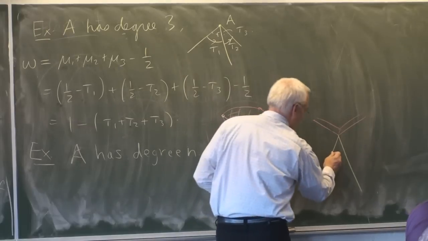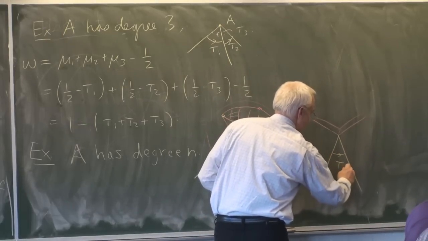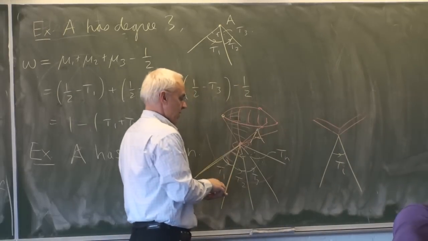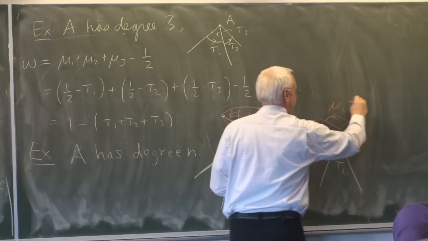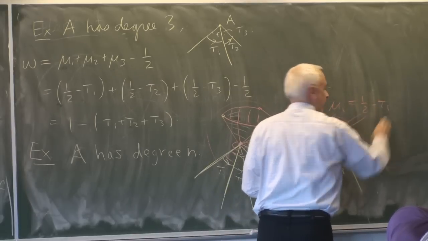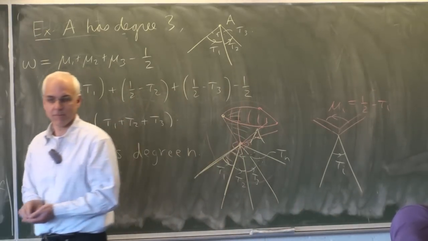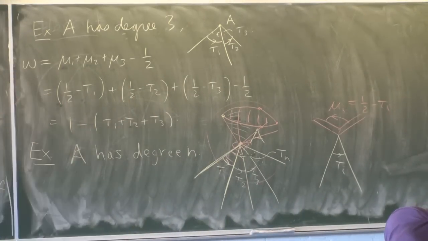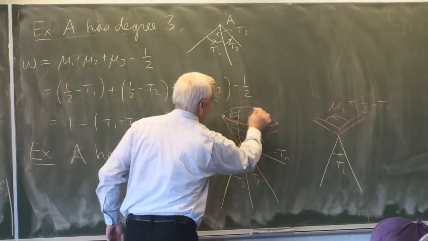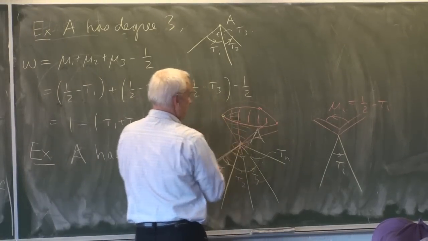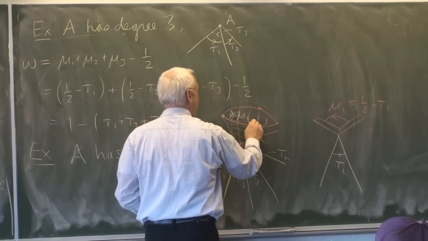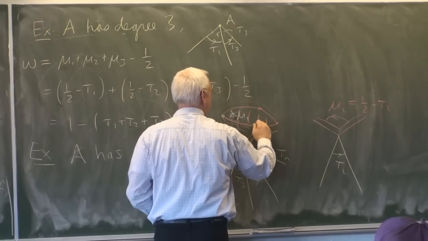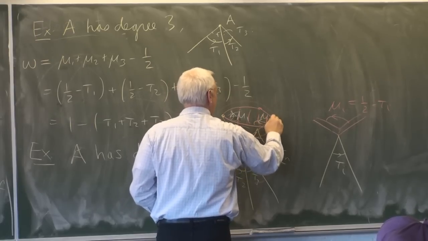Exactly the same relation will happen: if that is a turn of tau i, then the turn between these two faces will be mu i, which is 1/2 minus tau i. So the spherical polygon formed by the opposite cone will have turns mu1, mu2, and so on.